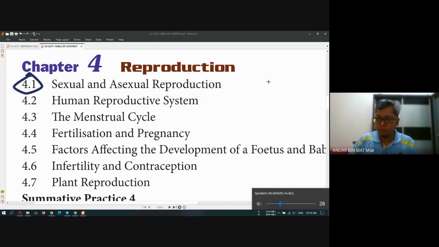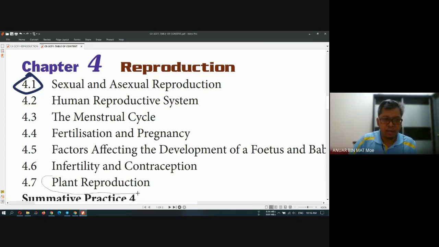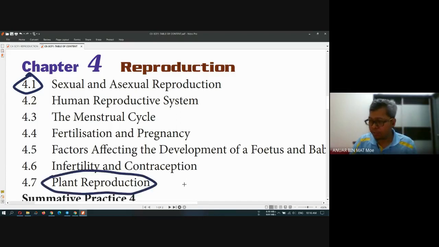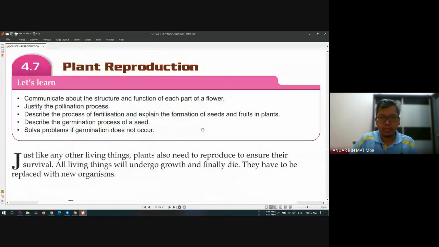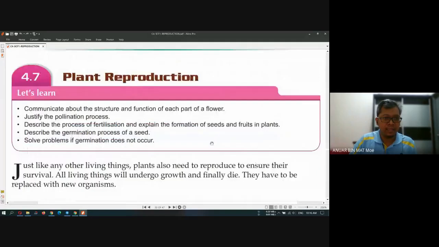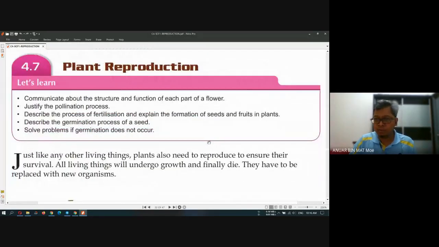Five subtopics are dedicated to reproduction in human. And then for today's topic 4.7, we just focus on the reproduction of plant. Only one subtopic, reproduction in plant. So you can open your textbook, page 119, 4.7, plant reproduction.